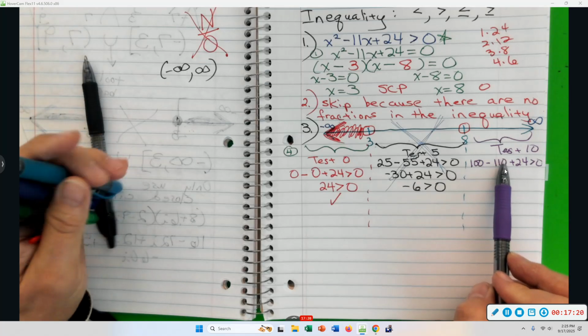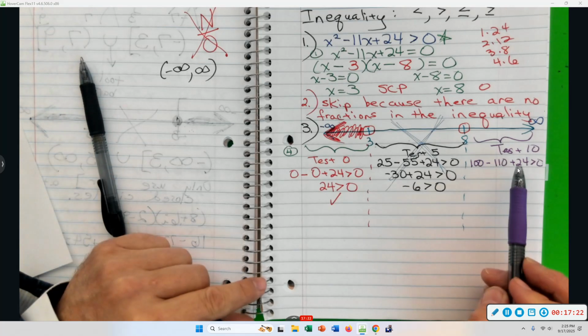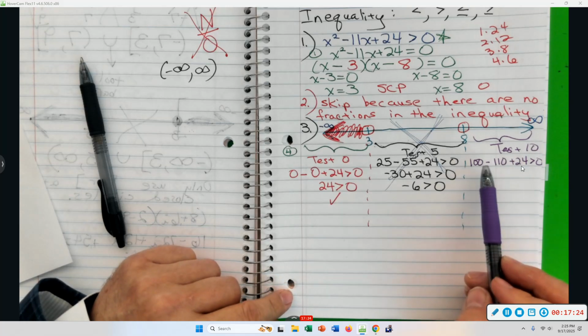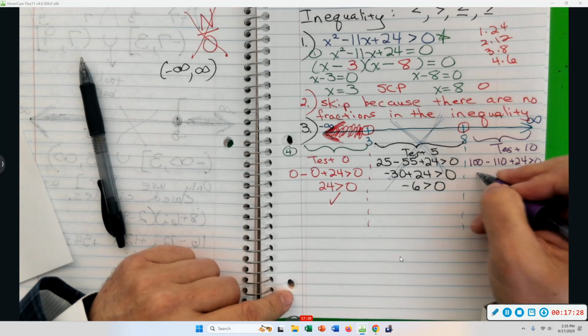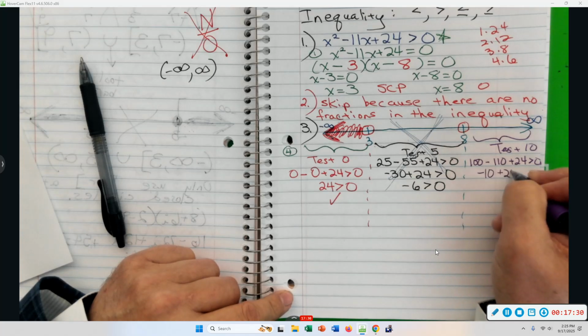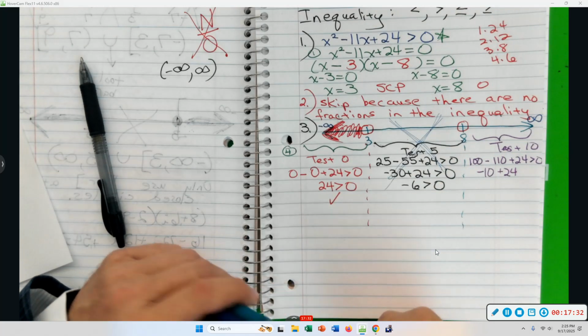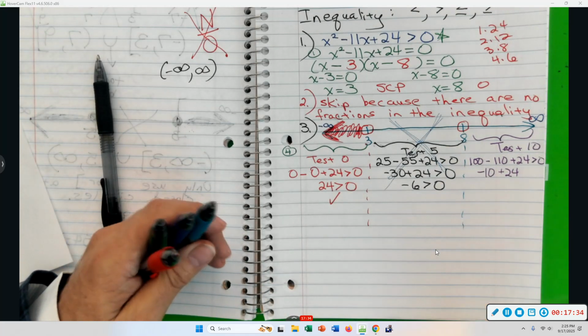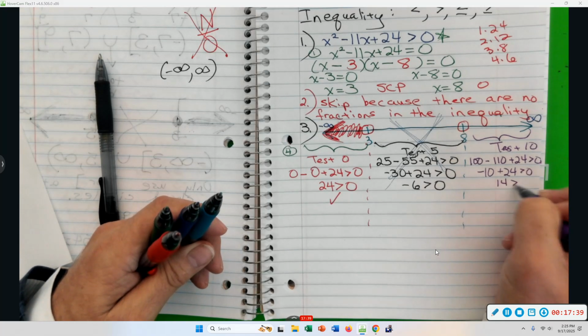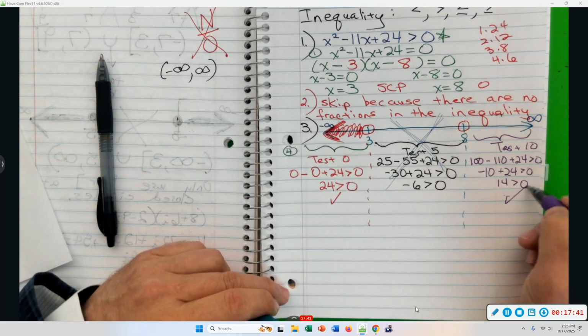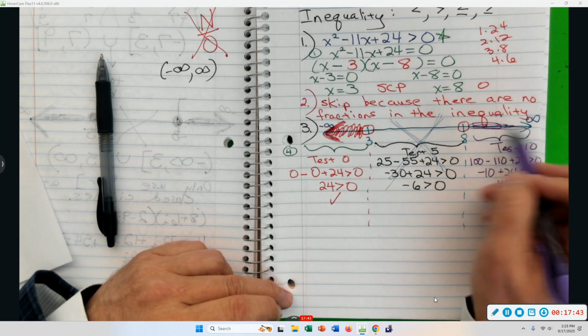That's why I chose 10 in this interval rather than 9. 100 minus 110 is negative 10, plus 24. What's negative 10 plus 24? 14 is bigger than 0. True or false? True. Shade the interval.